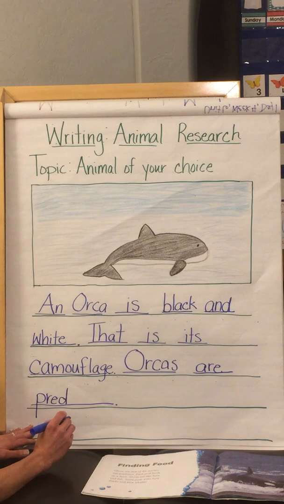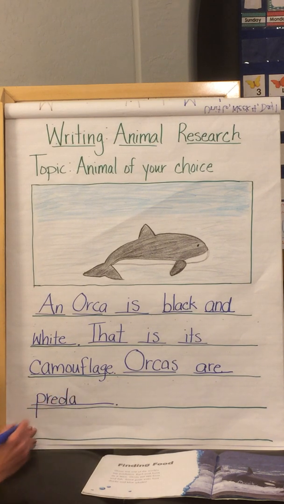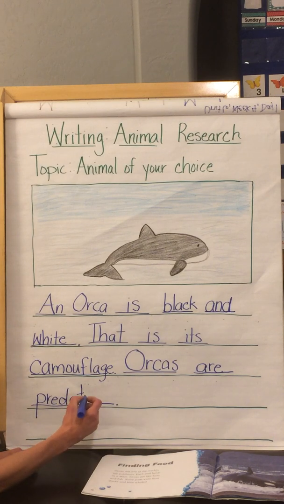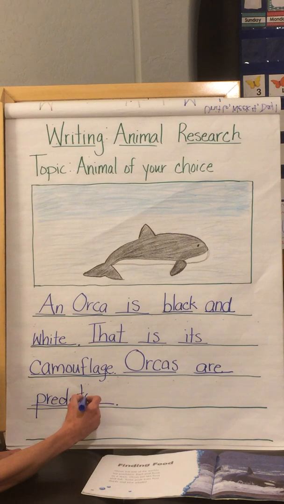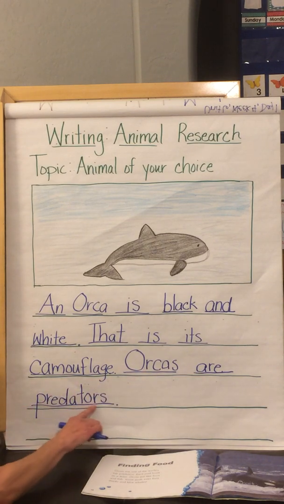Now it sounds like a U, but it is actually an A. Remember, we said that A could say A or uh. Predator. Or is O-R. Predators. Okay? So orcas are predators.